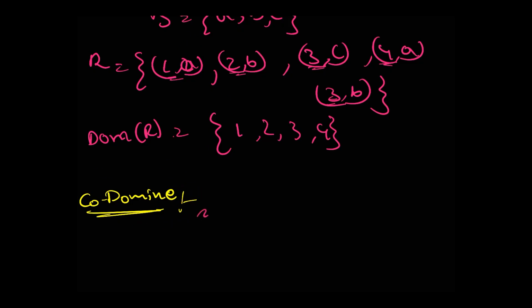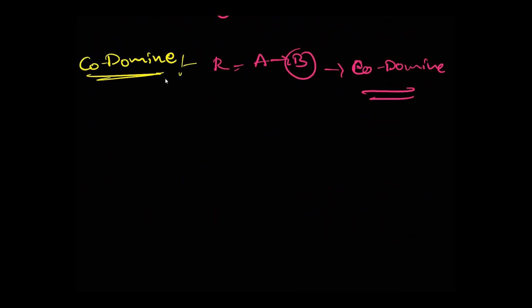Now if R is a relation from A to B, then we call B the codomain of the relation. Range.